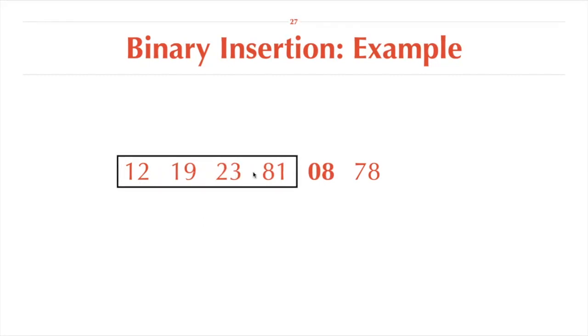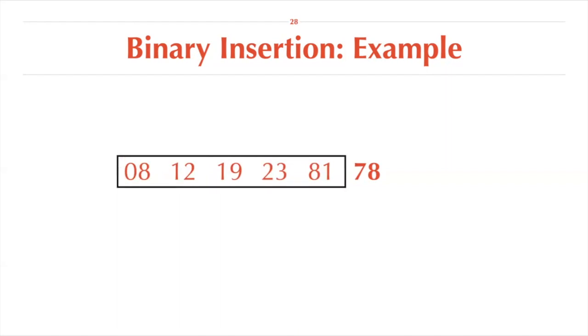It will check that 8 is less than 19, so it will ignore 23 and 81. It will just check 12 and 19. 19 is greater than 8, so it will again divide this 12, 19 array into 2 parts, and compare 12 to 8. It will find 8 is less than 12, so it will be inserted at the first place.